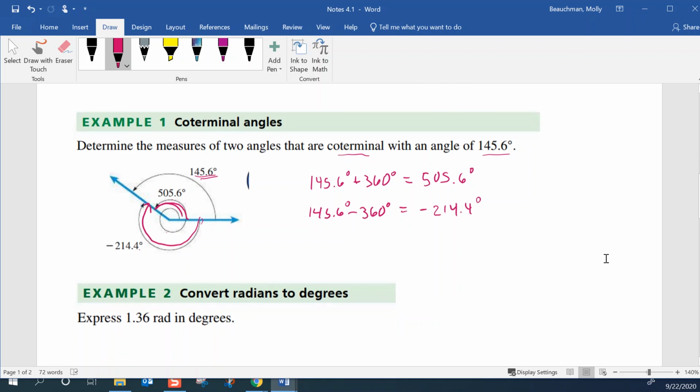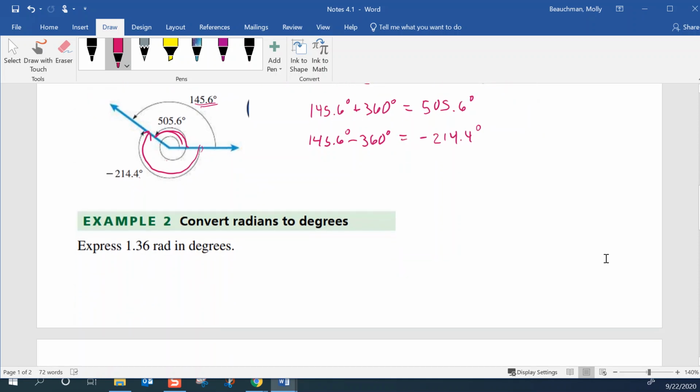All right, so next example is how do we convert radians to degrees? If we want to express 1.36 radians in degrees, we can use that conversion or proportion that you know: pi is the same measure as 180.